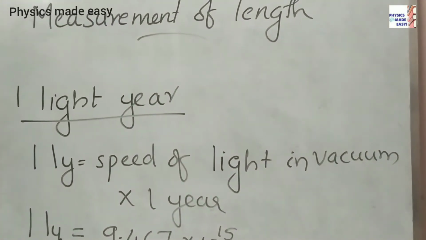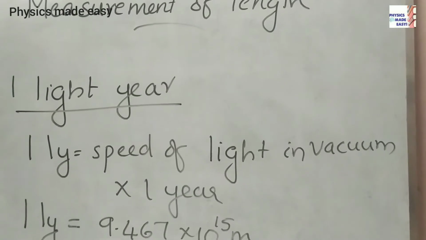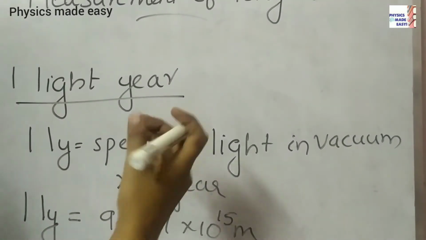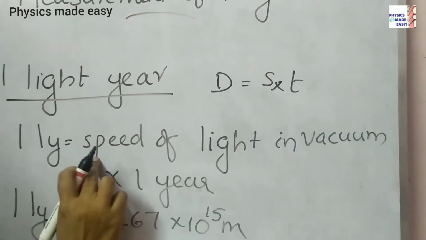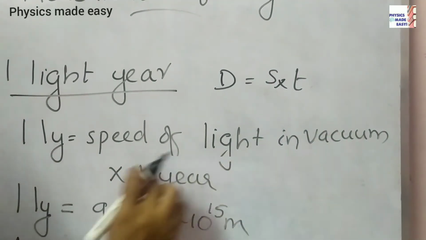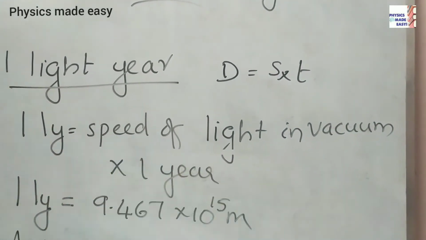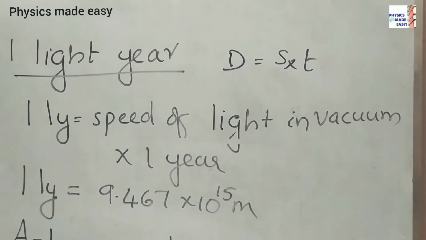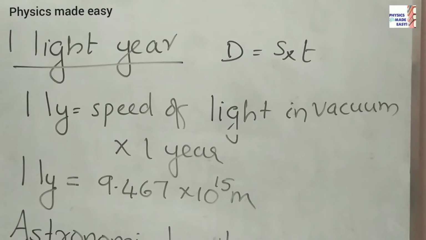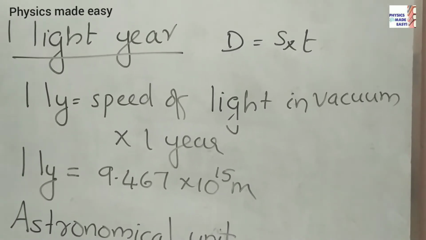You know distance is equal to speed into time. Here you can see speed of light in vacuum into 1 year. If you are substituting the values there, speed of light in vacuum, you know 3 into 10 raised to 8 meter per second. Then that 1 year you have to convert into seconds.